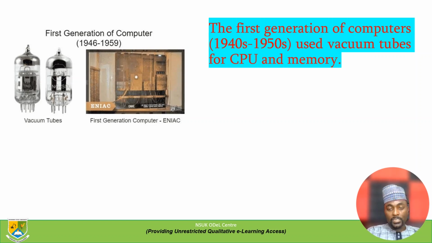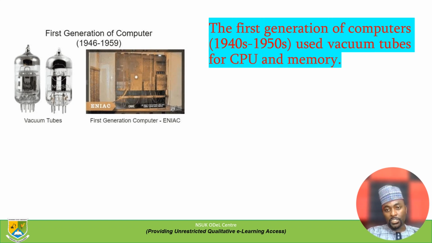Following that is what we refer to as the generation of computers. By generation, we mean the technological advancement that happens in each of those years where we have a major milestone or development in the computing world.